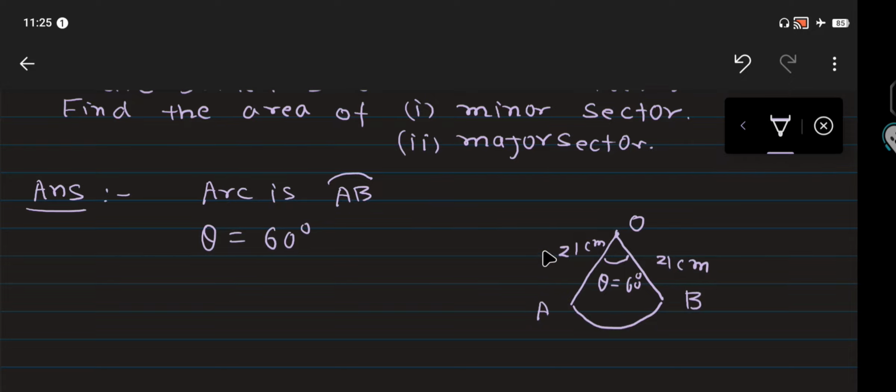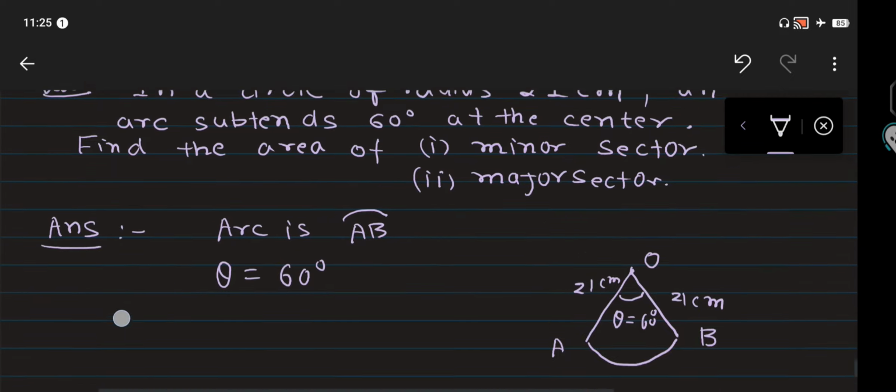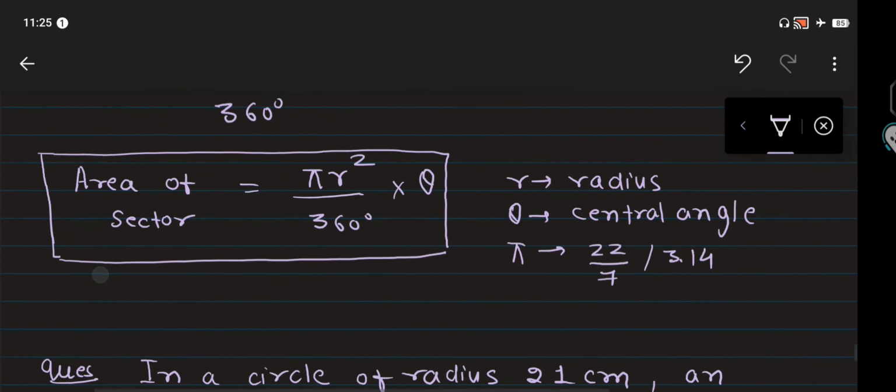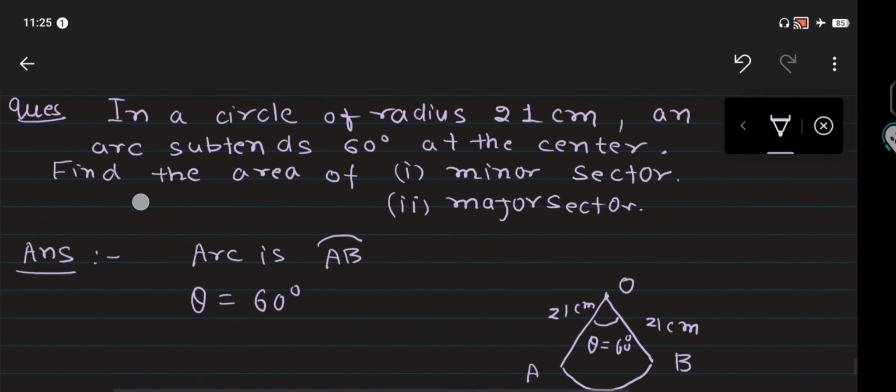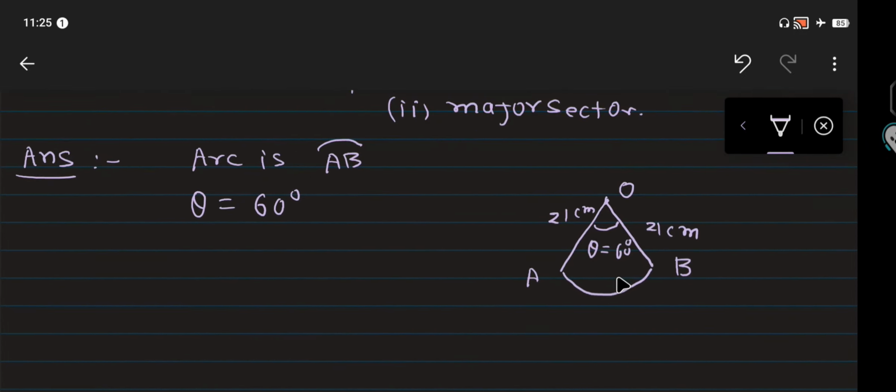So we can apply this formula to calculate the area of this sector, and it will be the minor sector. So first, area of the minor sector.